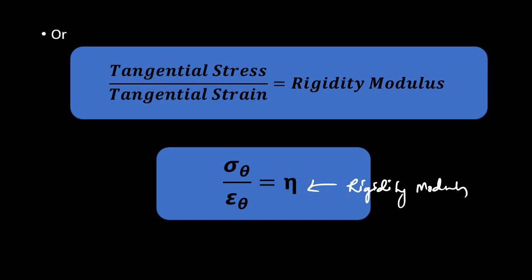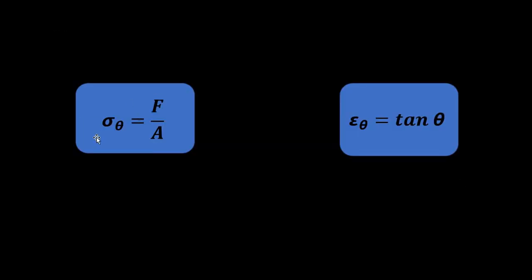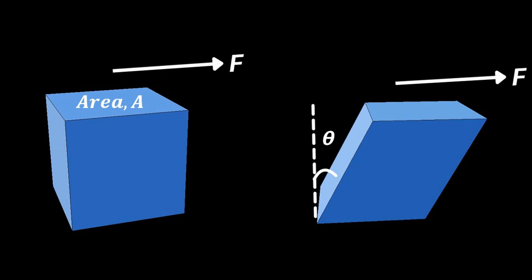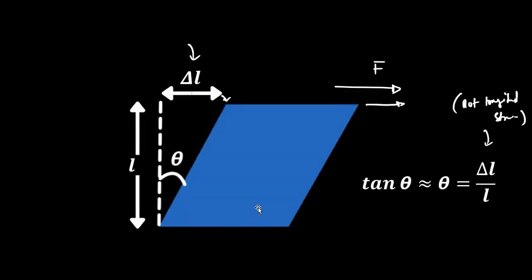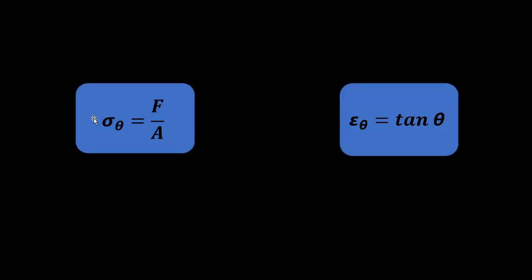Now here, the tangential or shear stress is basically force by area. Force by area is the tangential stress. And the tangential strain or shearing strain is tan of the bending angle, tan theta. F by A is the shearing stress, and tan theta is the shearing strain.